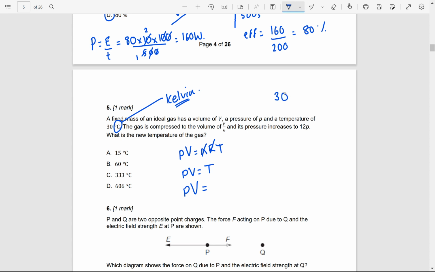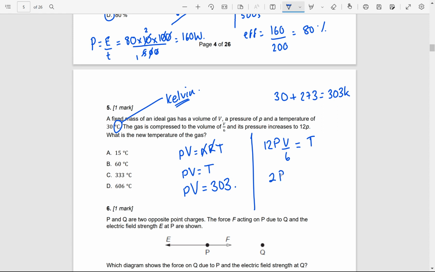So 30 plus 273 equals 303 Kelvin. Okay. All right. The gas is compressed to, so that's the first situation. The gas is compressed to V over 6, and its pressure increases to 12p. And we need to know what happens to T.